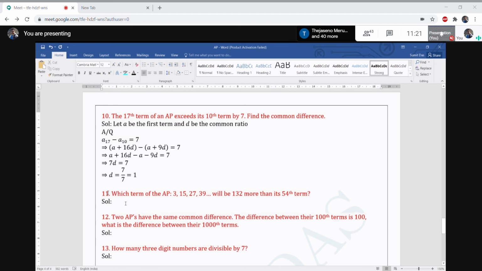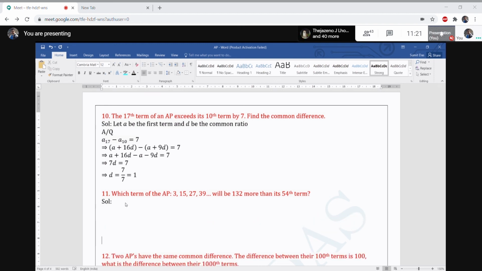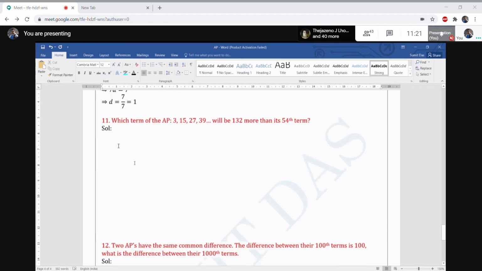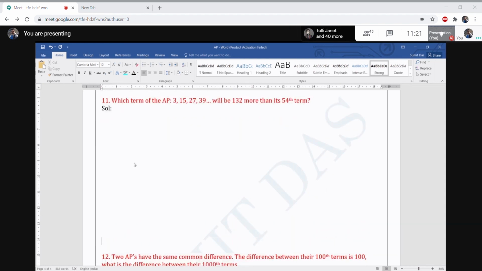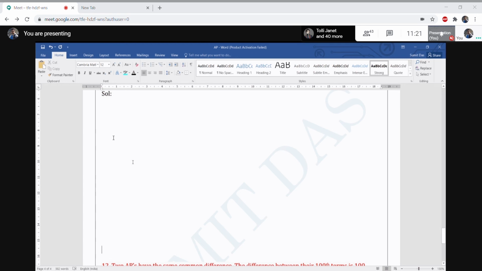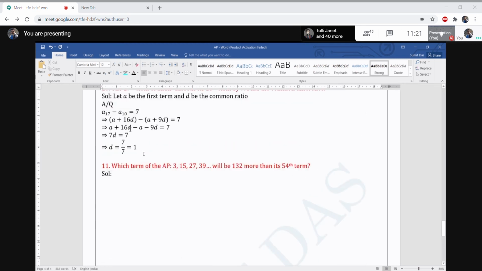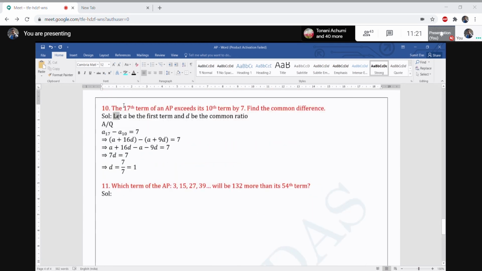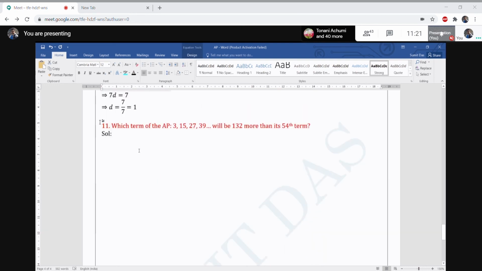Question number 11. Which term of the AP will be 132 more than its 54th term? In this question it is saying, for the AP 3, 15, 27, 39, which term will be 132 more than its 54th term?